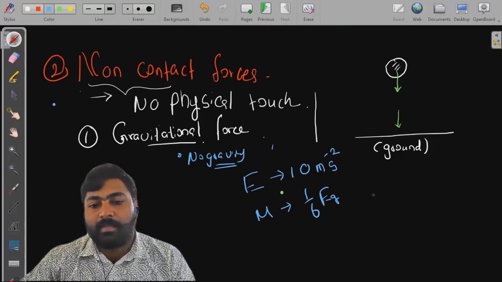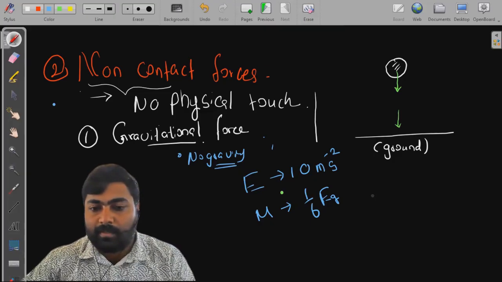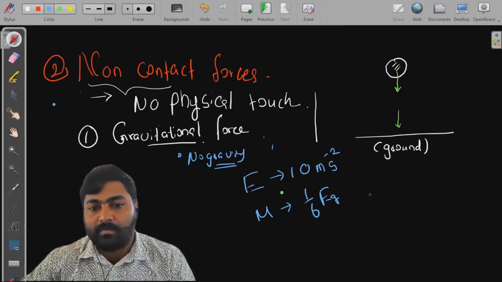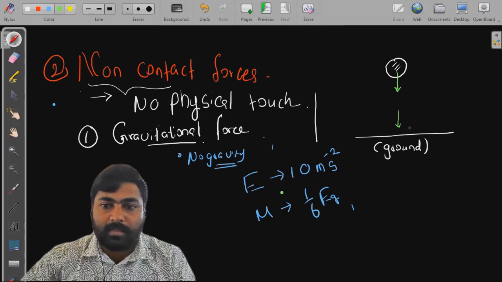Clear? Then the thing is, when we move from planet to planet, this gravitational force changes. Clear? Yes, sir. Clear. Okay.